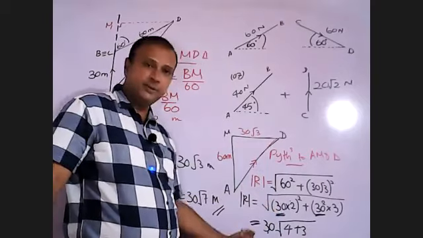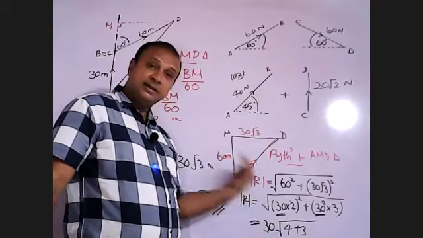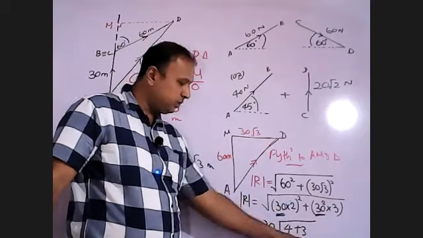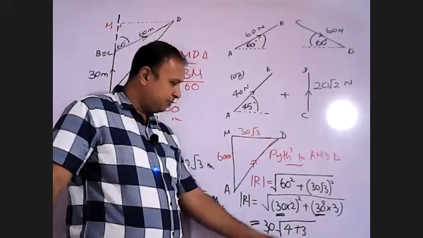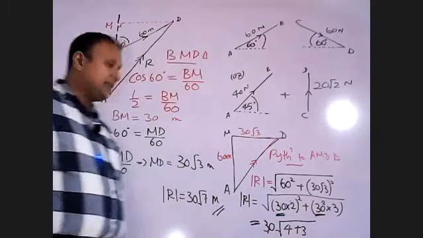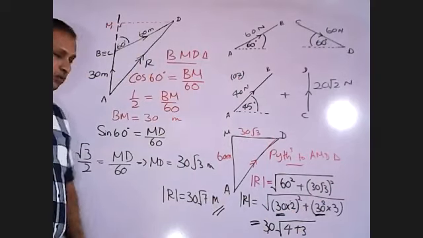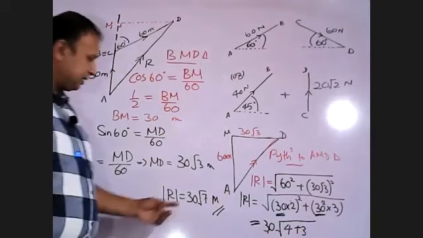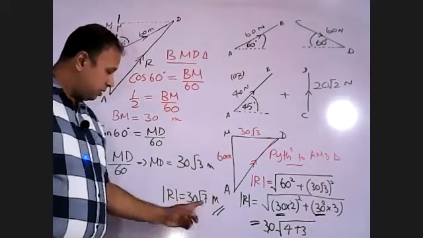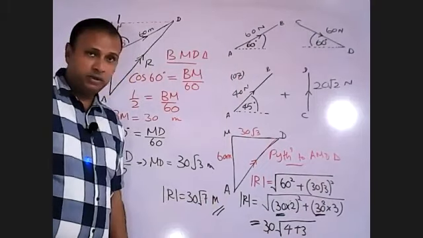So if I take it out, the remaining is 4 here, and the remaining is 3 here. Both should be added, so if I add these two, it becomes root 3. So the answer is 30 root 3. It is enough. You don't want to find the value of root 7.